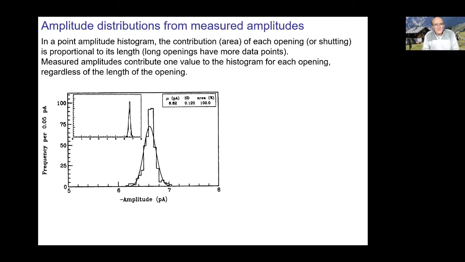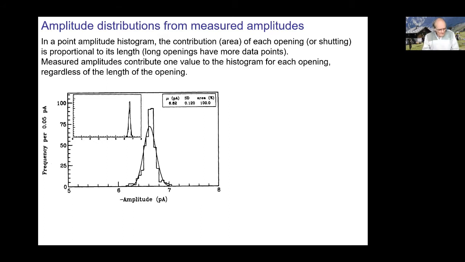There's another way of plotting amplitude distributions, which I think is much better, and that is to take not the distributions of the original points, but the distribution of the amplitudes that are fitted in scan. If there's more than one amplitude, this will give you different areas, though the amplitudes that you measure, the peaks ought to be much the same.